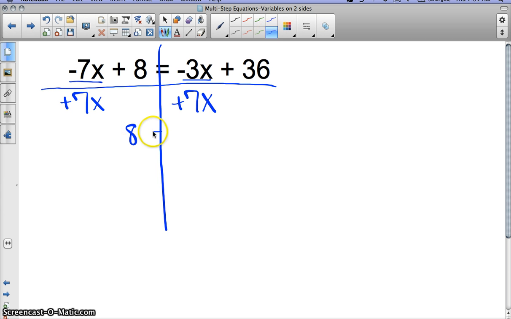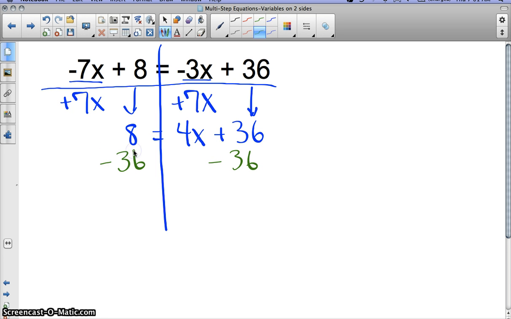We're left with 8 is equal to negative 3 plus 7. Remember, when we add a positive and negative, we subtract the two numbers. So we get 4x, and take the sign of the bigger, so it stays positive, plus 36. Bring these things down. Alright, here it's pretty straightforward.